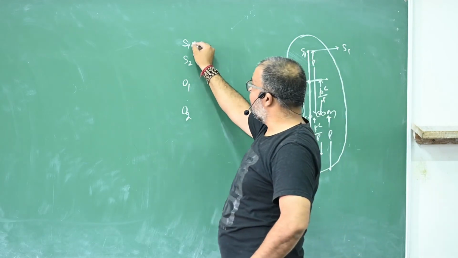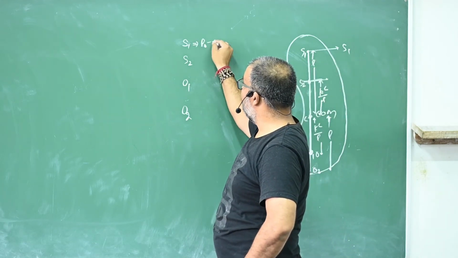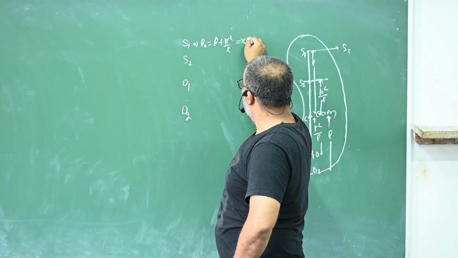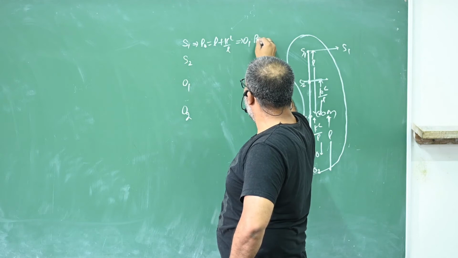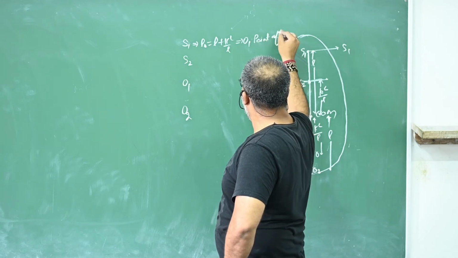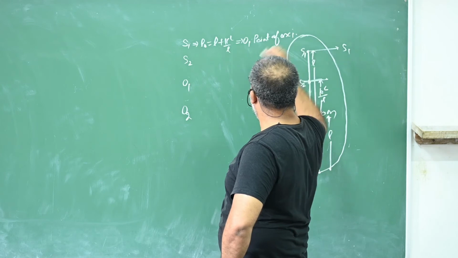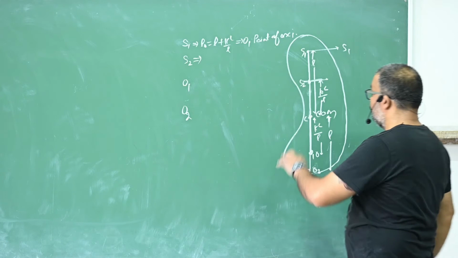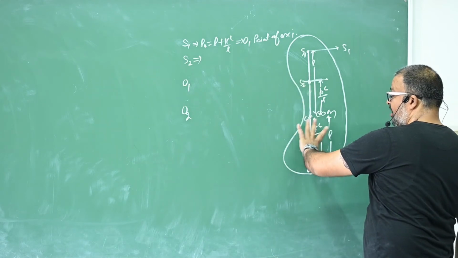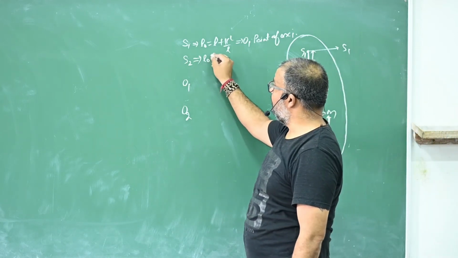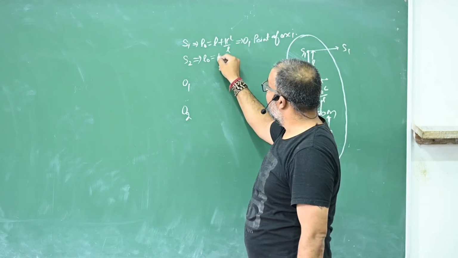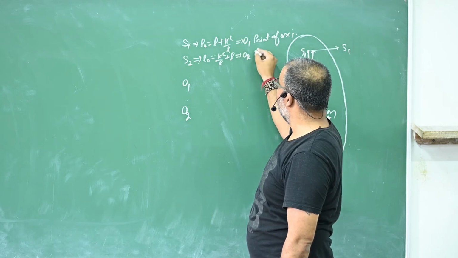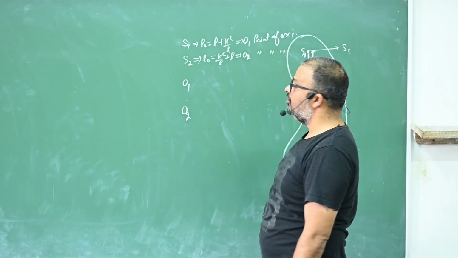If it is suspended from S1, the equivalent length L0 will be equal to L plus K square by L, and O1 will be the point of oscillation. Right? If it is suspended from S2, then this is L dash and this is K square by L dash. That means the equivalent length will be K square by L plus L, and O2 will be the point of oscillation.